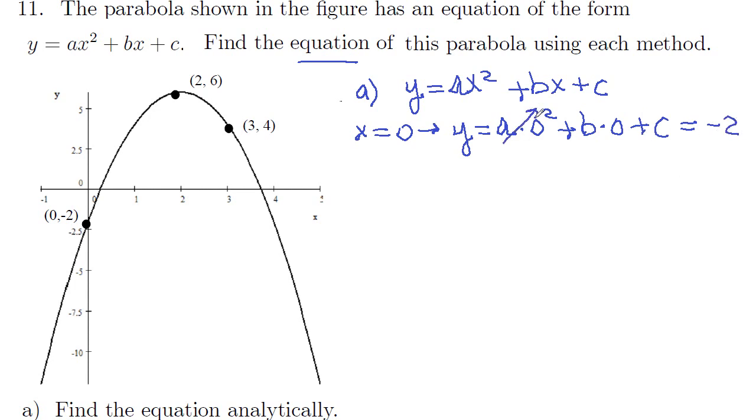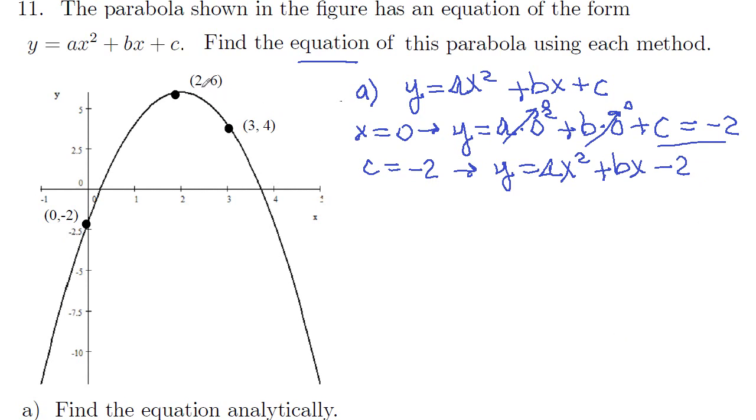Well, both of these terms drop out, right? A times 0, b times 0. So this just leaves us with c equals -2. And then that lets us update our equation. We can plug -2 in there. So now y is of the form ax squared plus bx minus 2.